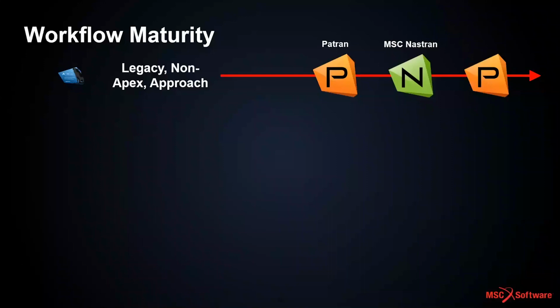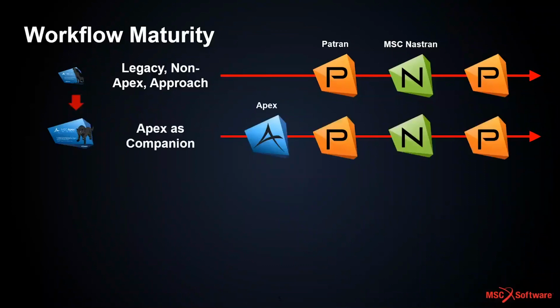Let's look at the maturity of Apex since the inception. It has matured over time, as you can see. Nastran customers' legacy workflow has always been Patran, Nastran, Patran. As Apex matured to be a CAD to mesh tool, we positioned it as a companion tool to Patran.